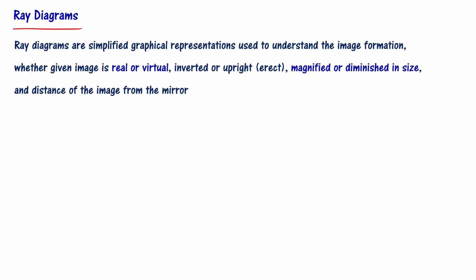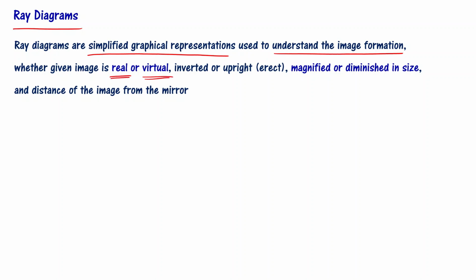Let us quickly recall about ray diagrams. Ray diagrams are simplified graphical representations used to understand the image formation. అర్థమైందా? Ray diagrams use చేసి we can understand how image is going to get formed and whether the given image is going to be real image or virtual image.